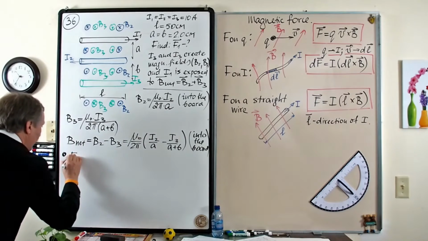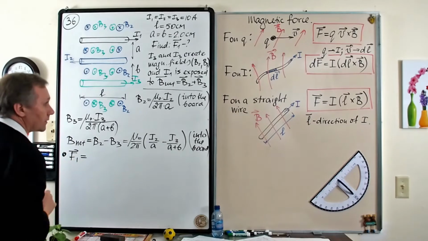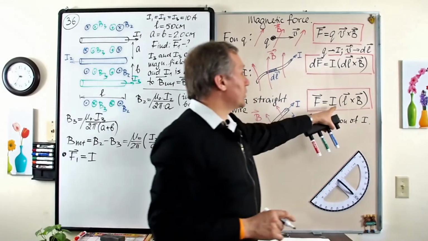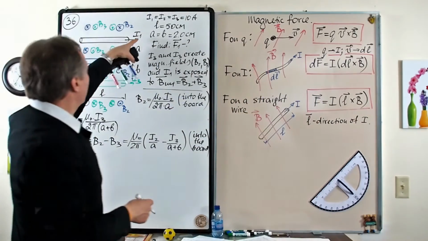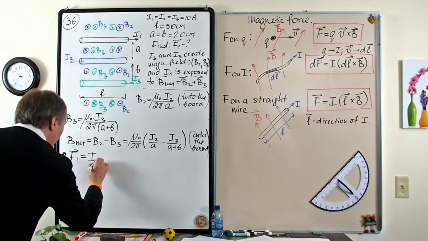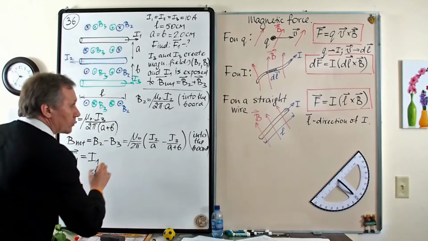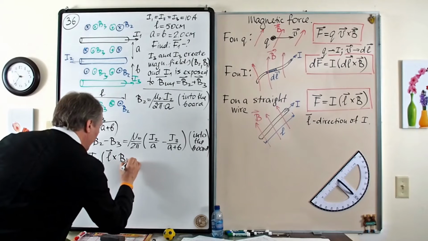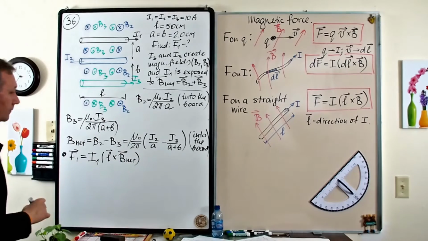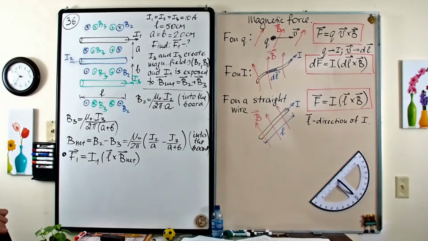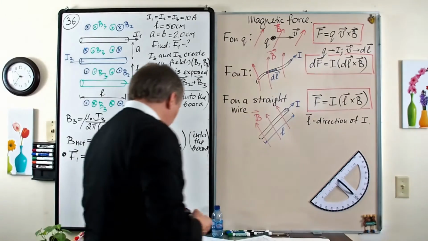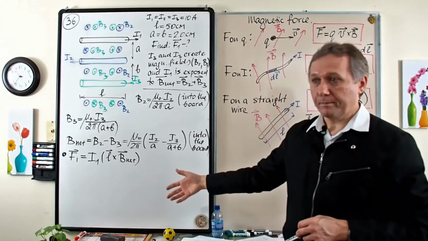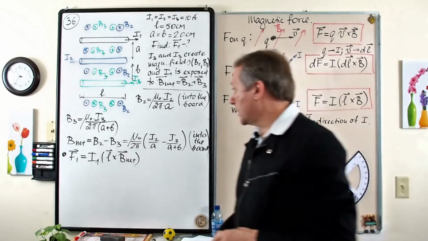So F1, first I will write it as a vector, in the vector form. So I1, that is the current which is exposed to the magnetic field, and the cross product of L and B net, right? And you know what, let's again split it into two steps. Let's first find direction, and then we can find the magnitude.